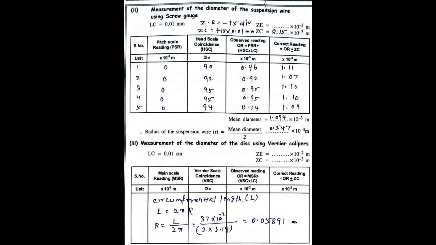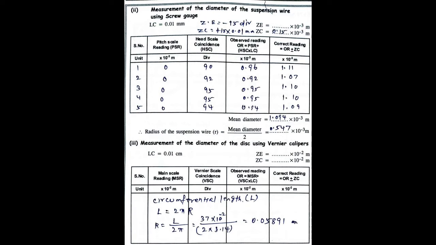So next we find the radius of the wire. Initially we find the diameter of the wire using the screw gauge. Then the screw gauge zero error and zero correction are noted. In this case the zero error is minus 15 divisions and the zero correction is plus 15 into the least count, which is 0.15 millimeters, a positive value. Then the pitch scale reading, head scale reading, and finally the observed readings.